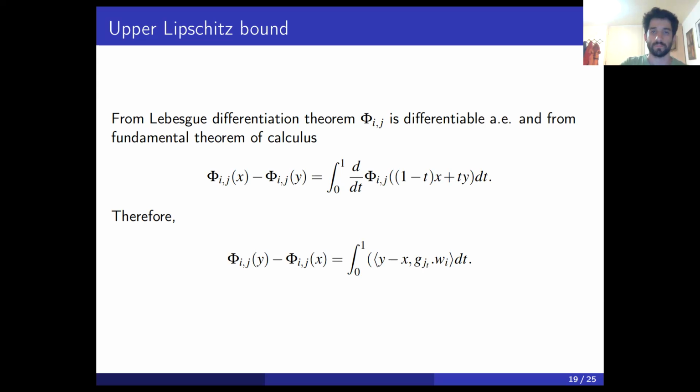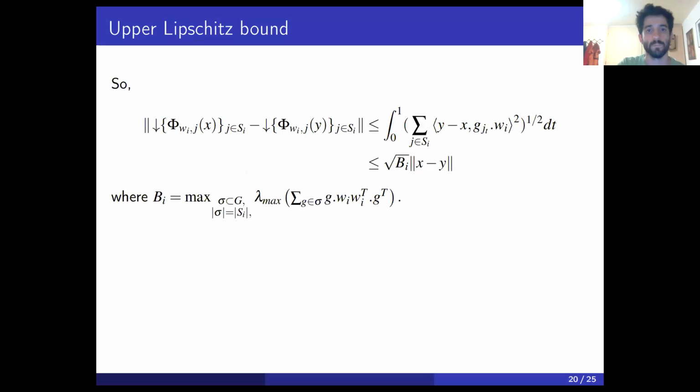And so if we take, for fixed i, the whole subset of Coorbit of y of i that we use in our embedding, we have that the norm of this subset of Coorbit is exactly the sum of these integrals. So we can pass it to the integral of the sums. And now we see here we have y minus x inner product with this kind of vectors.